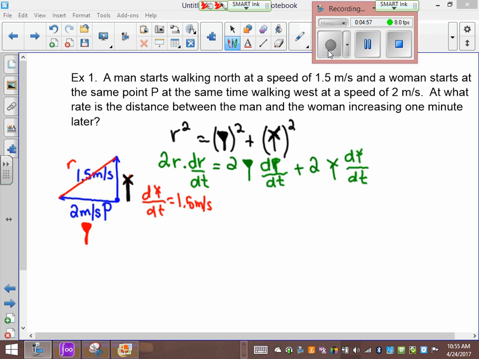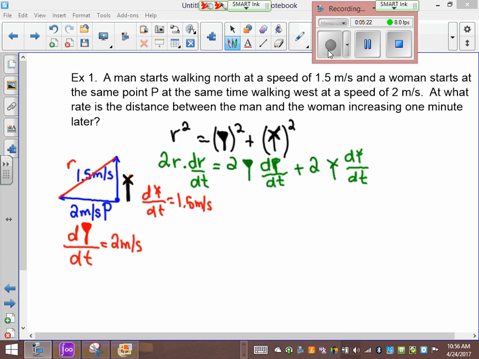Because remember, this would be the length per time, right? So that's how we know we have d railroad crossing dt. D spatula over dt is going to be 2 meters per second. We're looking for dr dt. We don't know it.